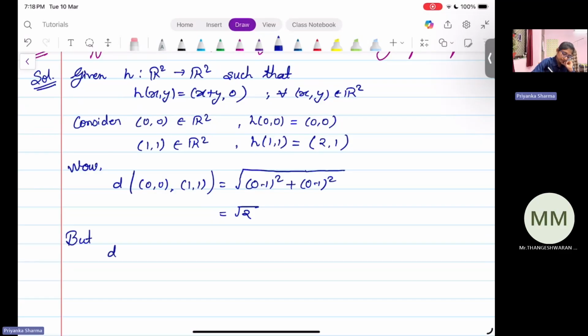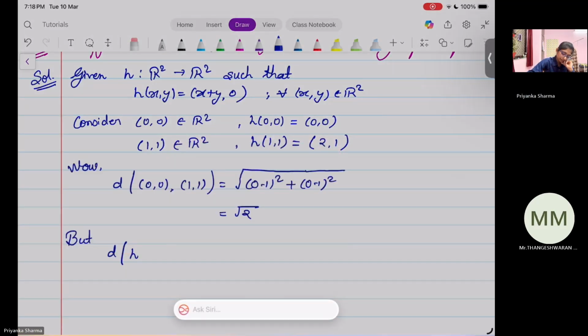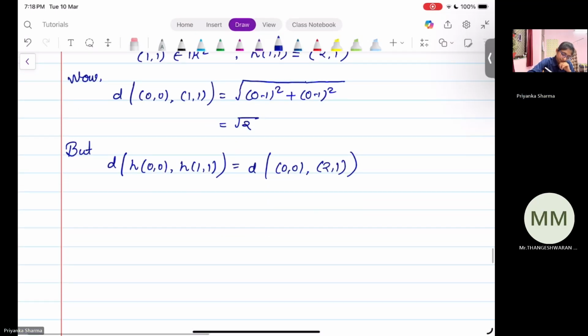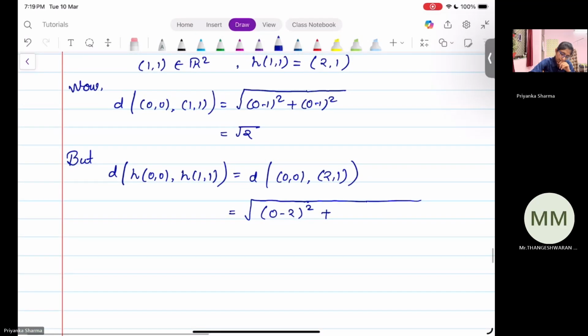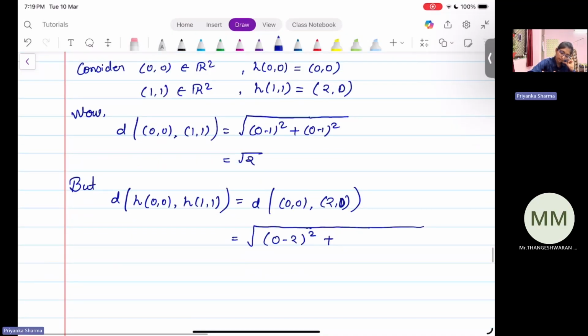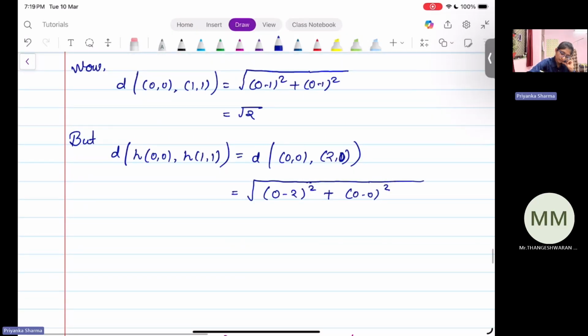But between their images, the distance between H(0, 0) and H(1, 1), that is the distance between (0, 0) and (2, 0), is square root of (0 minus 2) square plus (0 minus 0) whole square, so this will be 4.